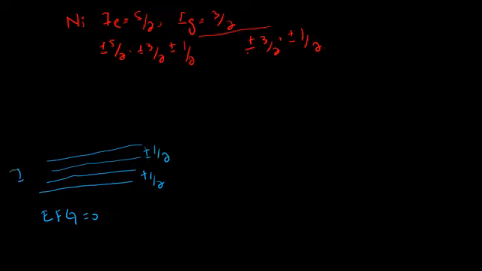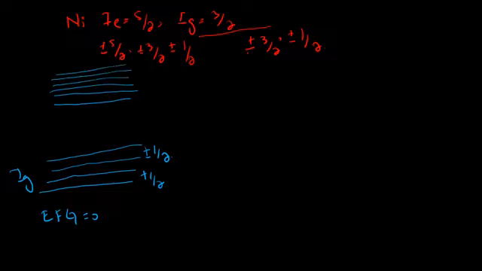So this is the ground spin state, and the excited spin state is 6-fold degenerate, with plus minus 5/2, plus minus 3/2 and plus minus 1/2.